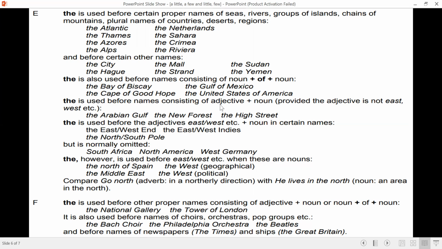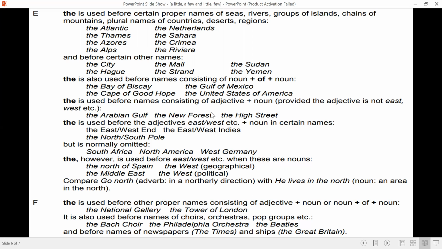The is used before names consisting of adjective plus noun, provided the adjective is not east or west. So the can also be used before such names consisting of adjective plus noun. For example, the Arabian Gulf, the New Forest, the High Street. Here, Arabian is an adjective, and this is a noun, and this is an adjective, and this is a noun.